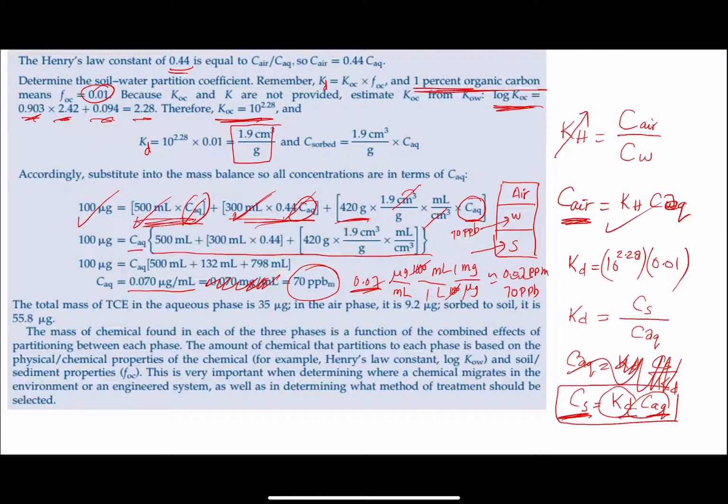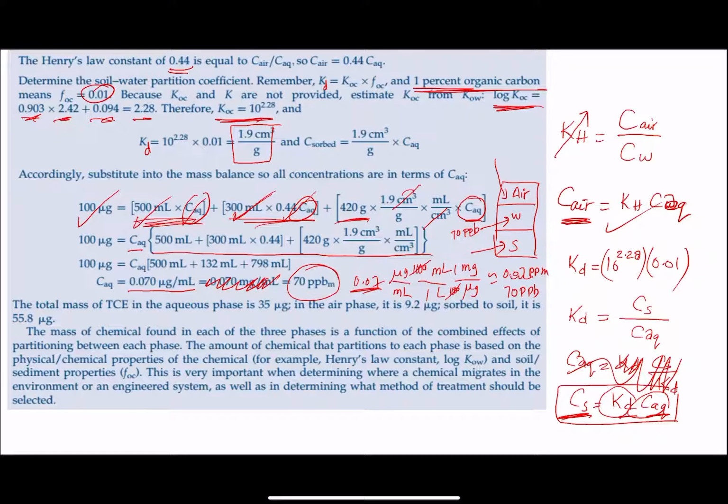Could you find out the concentration of the organic TCE in air? This is one way of rephrasing the problem. Now we found the C aqueous. Let's say I ask you what is the concentration of the organic in the solid phase? What is the concentration of the organic in the air phase? And that is simple to do.